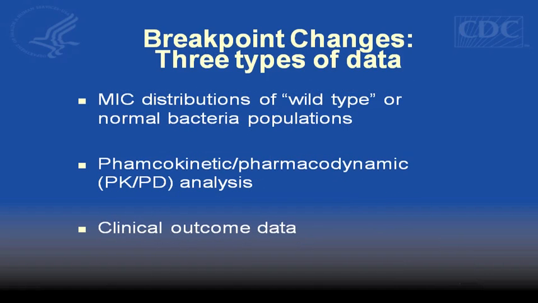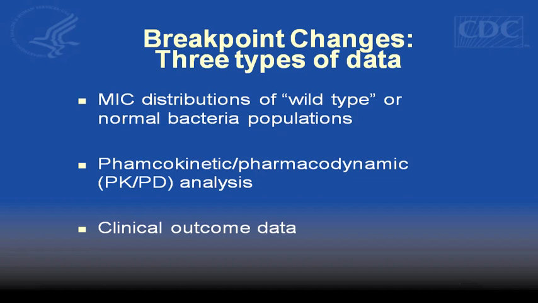So let me tell you a little bit about how these decisions were made. When CLSI is considering breakpoint changes, there are three types of data that are looked at. One is the MIC distribution of a wild type, or a normal population of bugs.